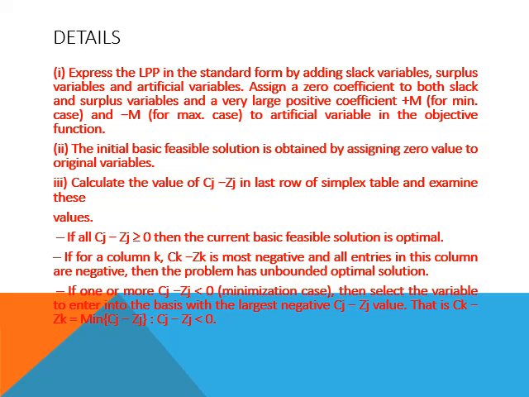This is in case of maximization. Otherwise, in case of minimization, we will convert the objective function to a zero equation by subtracting slack variable S with zero coefficient and adding artificial variables with the big positive M coefficient.